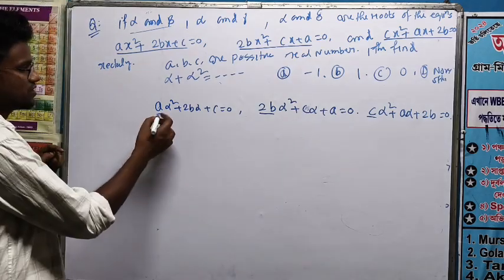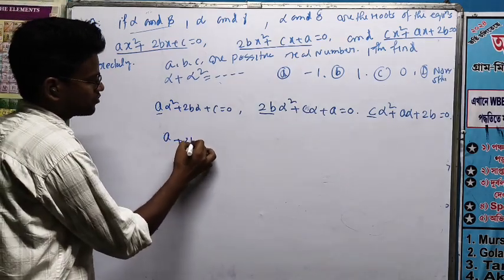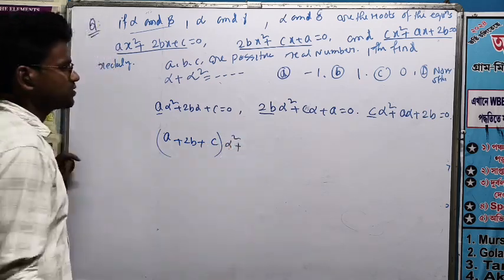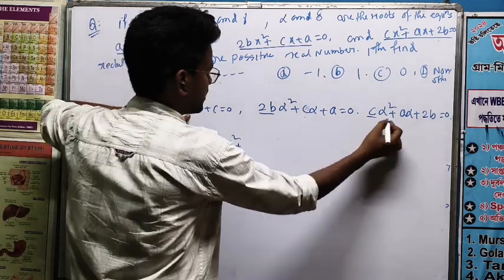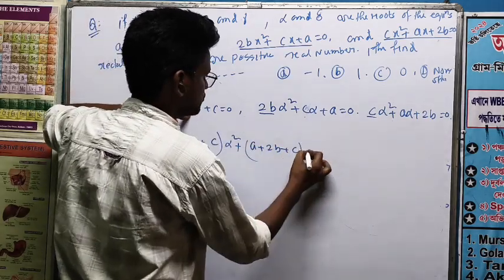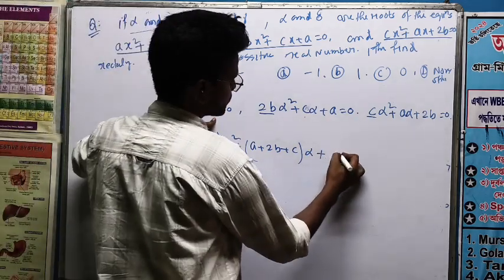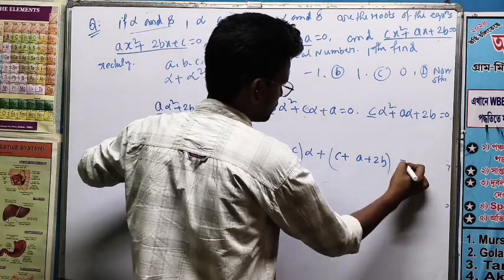That means this is a plus 2b plus c into alpha square, and this is 2b and c and a, so a plus 2b plus c into alpha, and this is c plus a plus 2b is equal to 0.